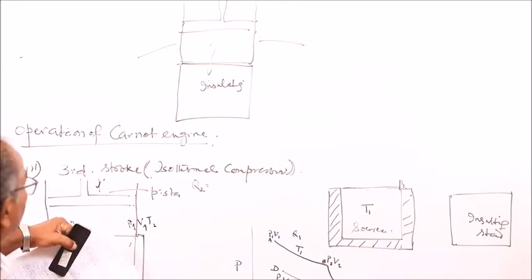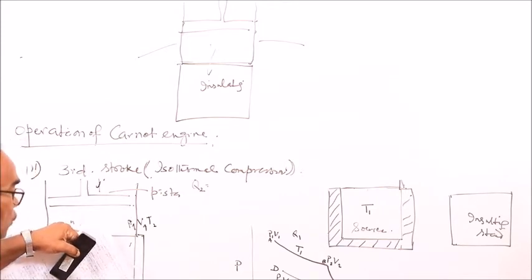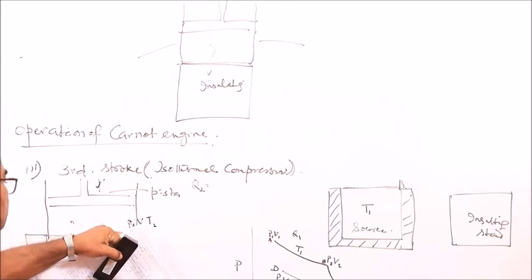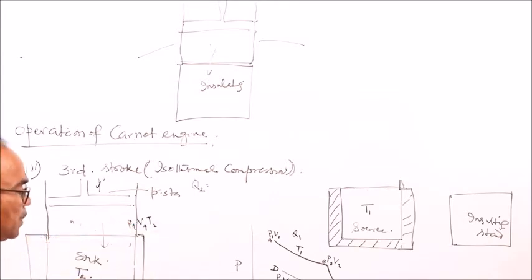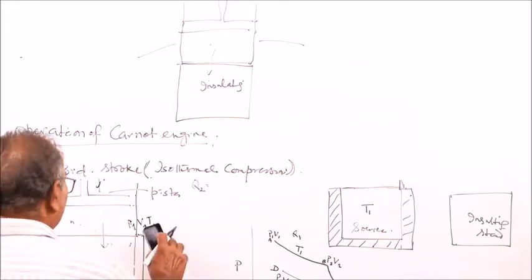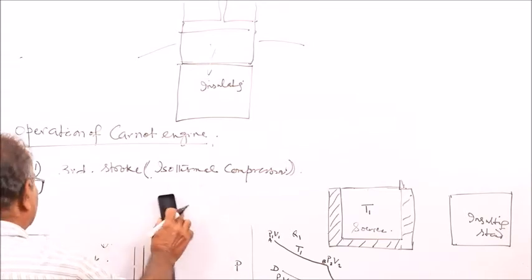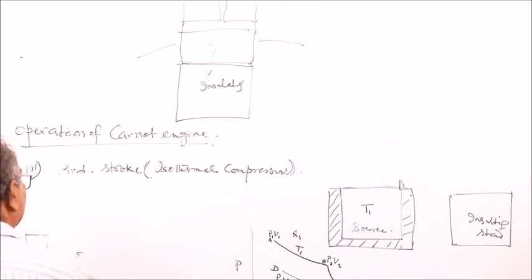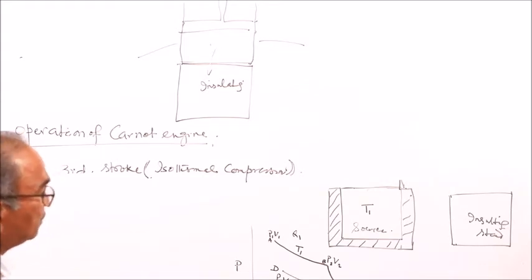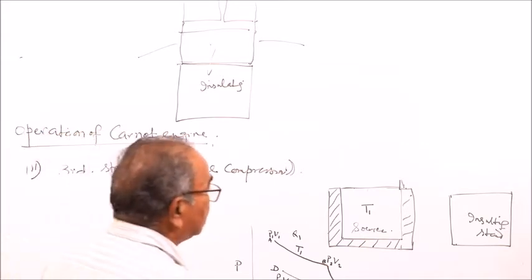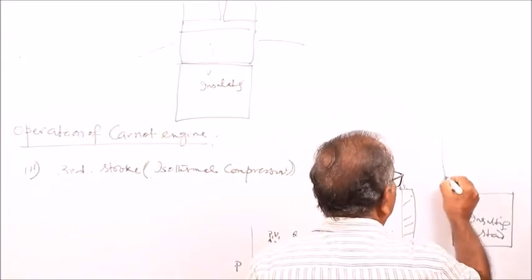This is the third stroke of the engine, and then we take out the ideal gas with cylinder and movable piston from the sink and again place it over the insulating stand.